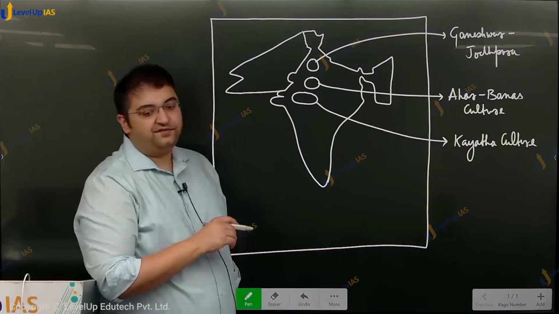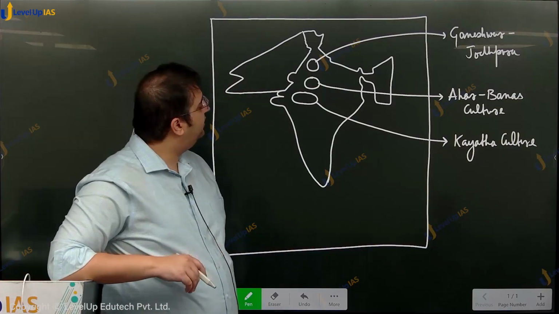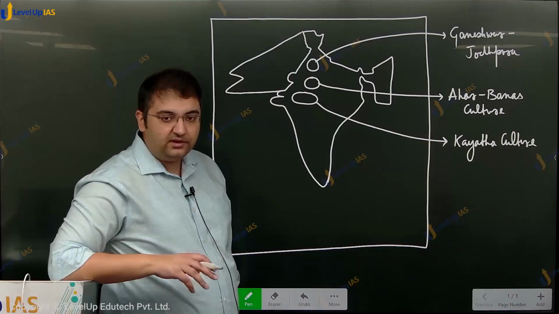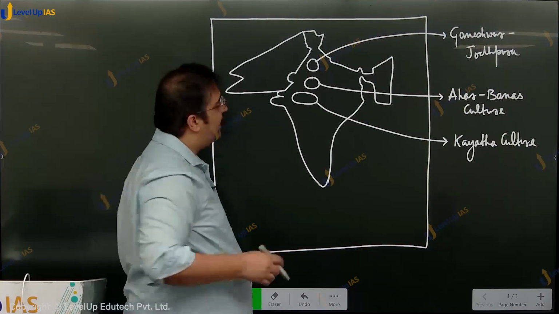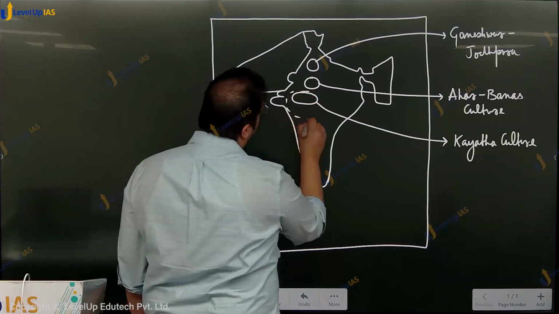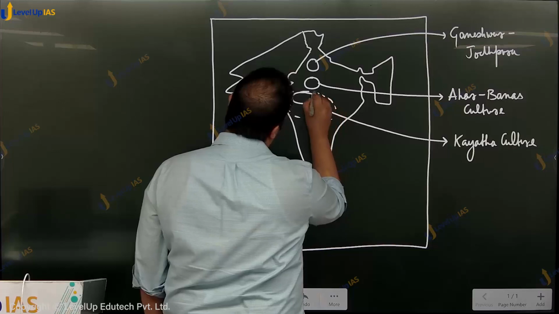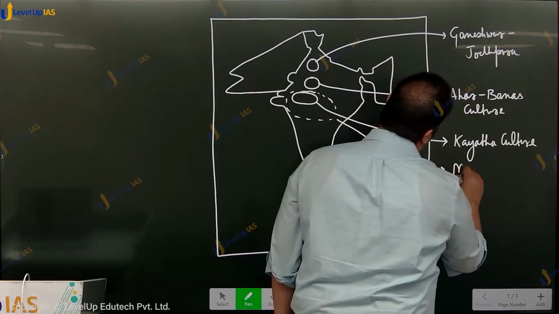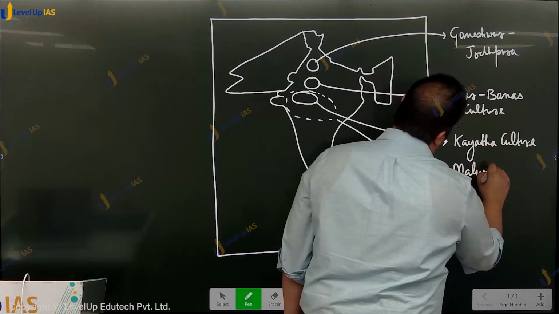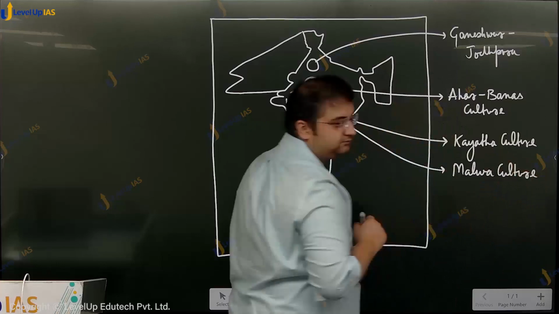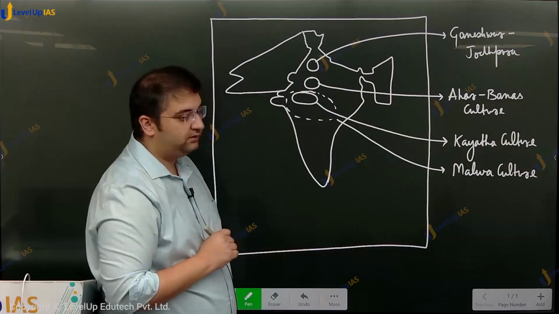Now, this culture flourished from roughly 2250 to about 1700 BC, after which it suddenly disappeared. And in the same location, another more extensive culture emerged, known as the Malwa culture.